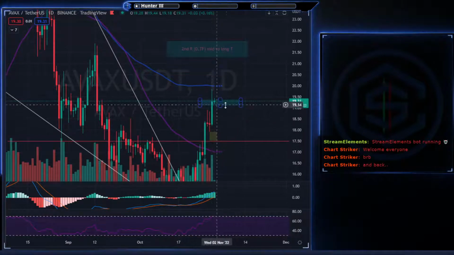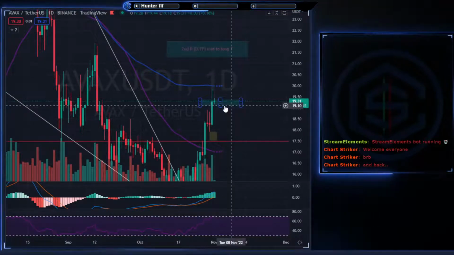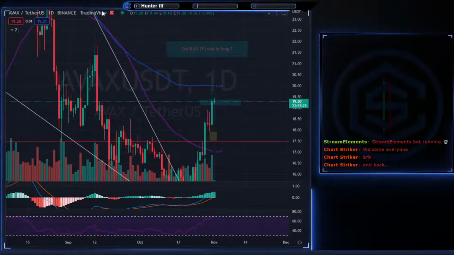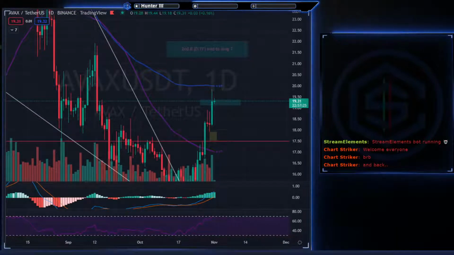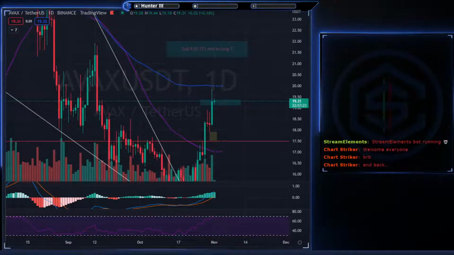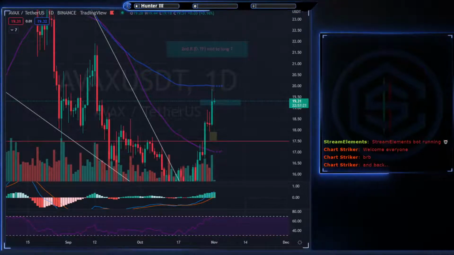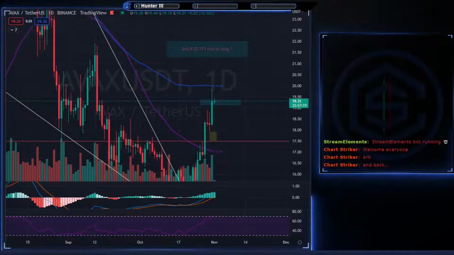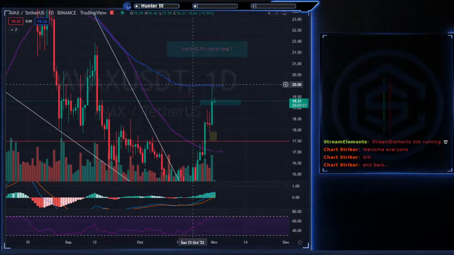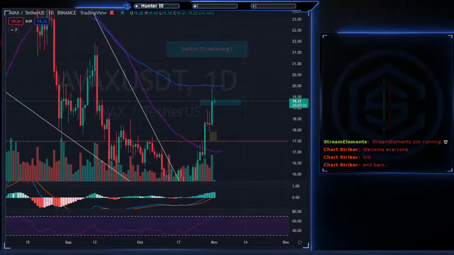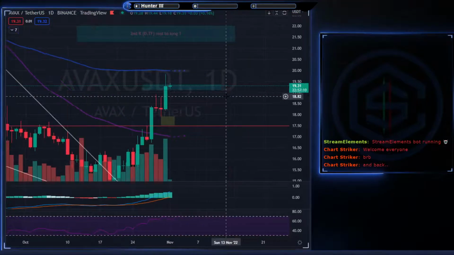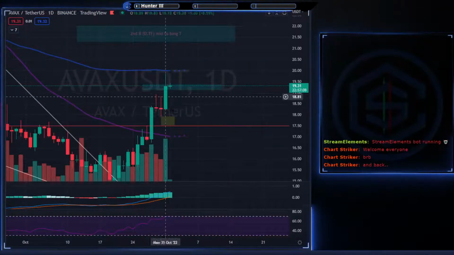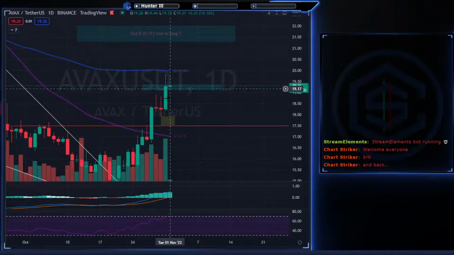We are at resistance levels. Keep in mind, price action is above the short-term moving average, but it looks like it's kind of being rejected around the mid-term moving average here. On a daily, we had some indecision here, but this bullish candle saved everything.